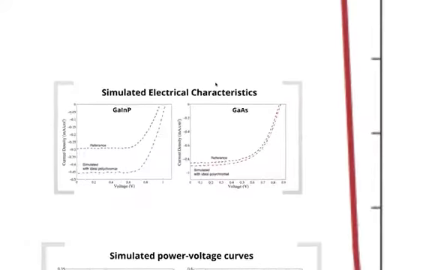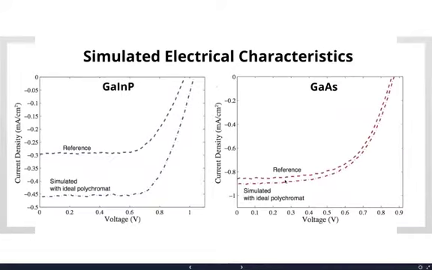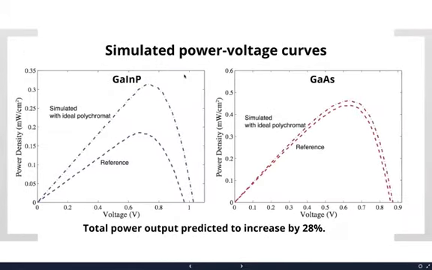So now you can of course plot the simulated power voltage curves, which is power, in this case power density, which is current density times voltage. This is in milliwatts per centimeter squared as a function of voltage. Again, you see the reference curve, and we know there is an optimum value as we saw in the last lecture.